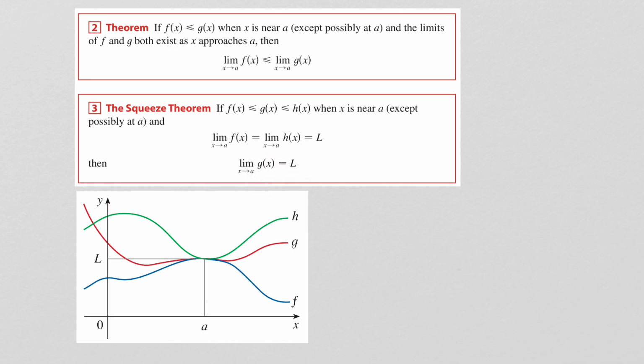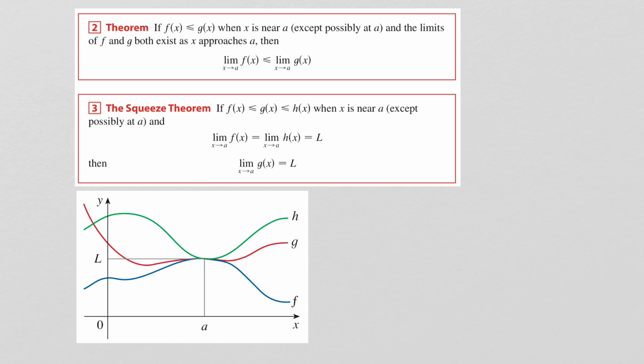And there's a good diagram down below to help us understand what's happening here. So I want you to notice that the function g is in between the function h and the function f. That is, g is smaller than h, right, because it is below h, but it is bigger than f, because it is above f.